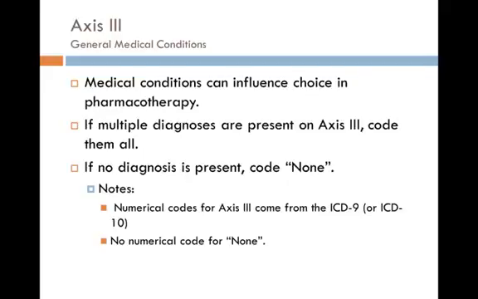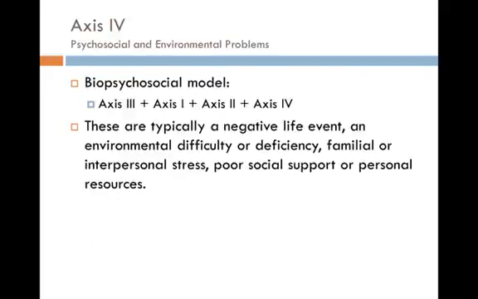So with Axis 4, which pertains to psychosocial and environmental problems, it takes into consideration more of a biopsychosocial perspective as it relates to the individual. So not only does it look at Axis 3 and Axis 1, Axis 2, and Axis 4, but it takes it all together and it looks at what some of the psychosocial and environmental barriers or implications are.